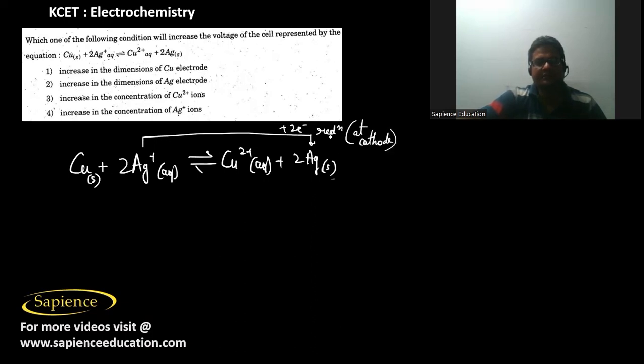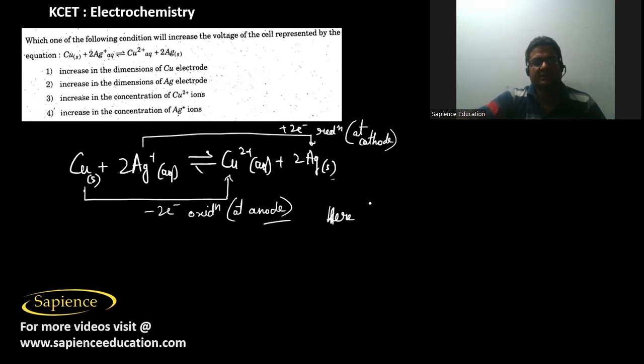Copper is losing 2 electrons, so oxidation happens at the anode. The reaction quotient QC is the concentration of Cu2 plus divided by the concentration of silver ion whole square.